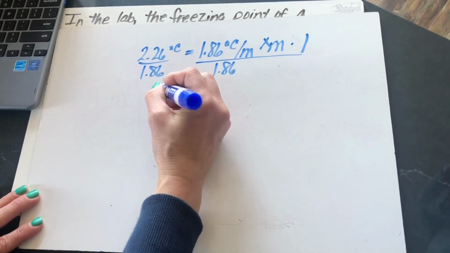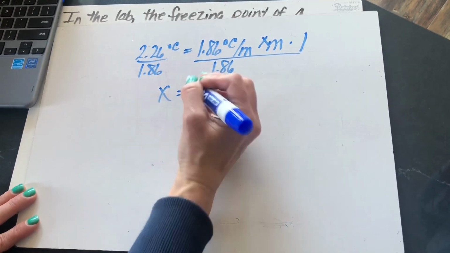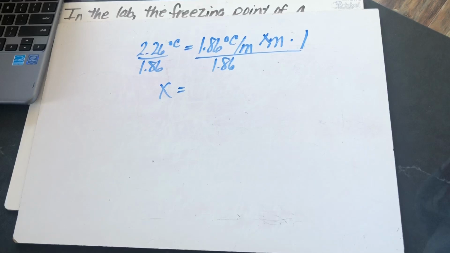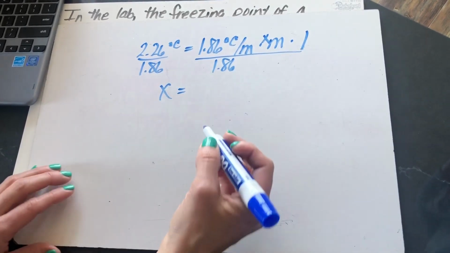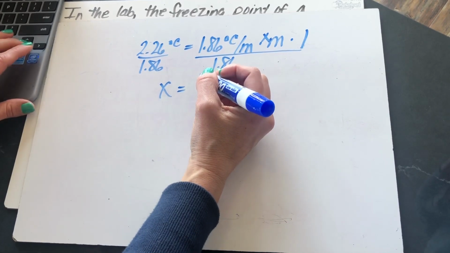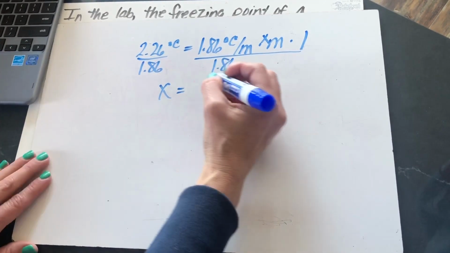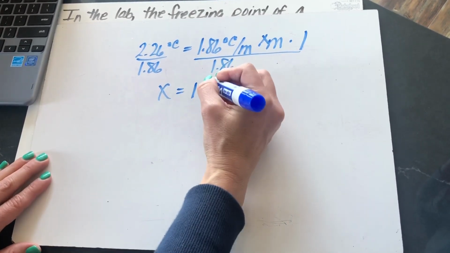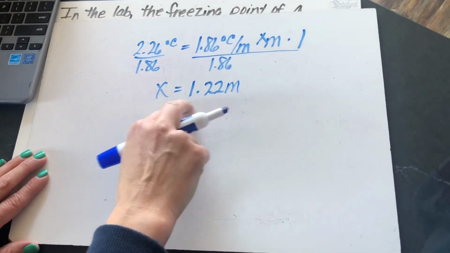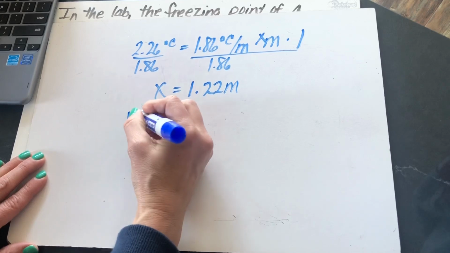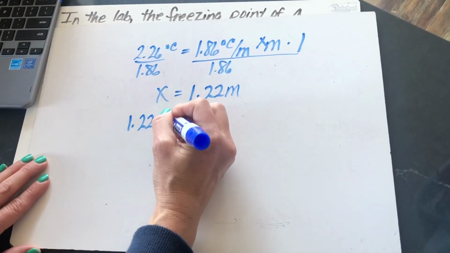And when we do that, our x molality value comes out to be 1.22 molal.